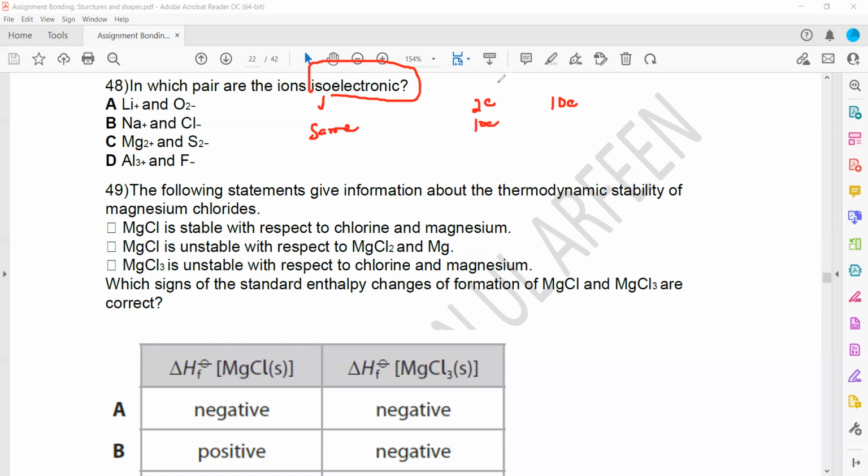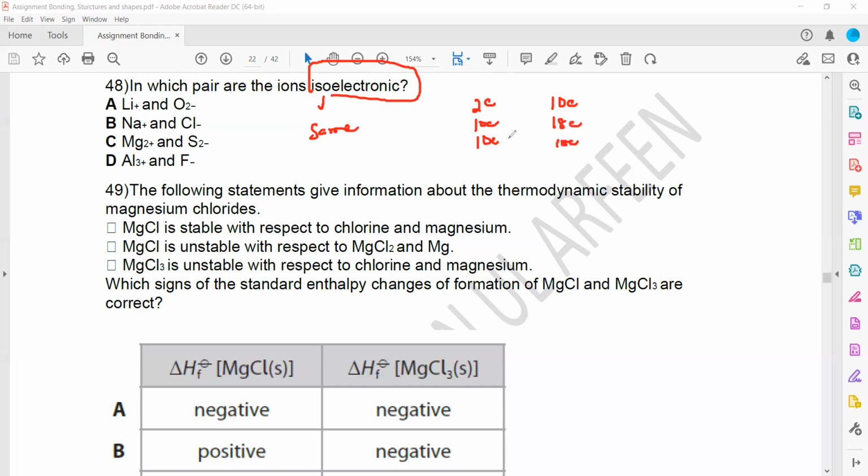For chloride, 17 protons, 17 electrons, but the chloride ion is there, so 18 electrons. Magnesium, 12 electrons, 12 protons, but it is plus 2 charge, so it will have 10. Sulfur has 16 protons, 16 electrons, minus 2, so 18 electrons.